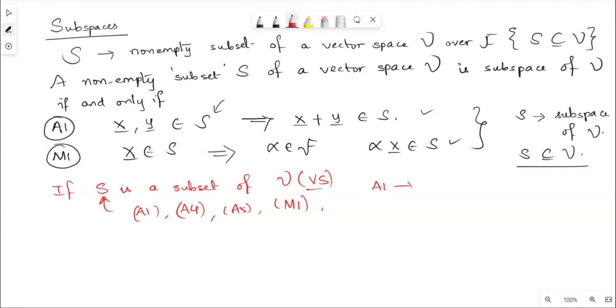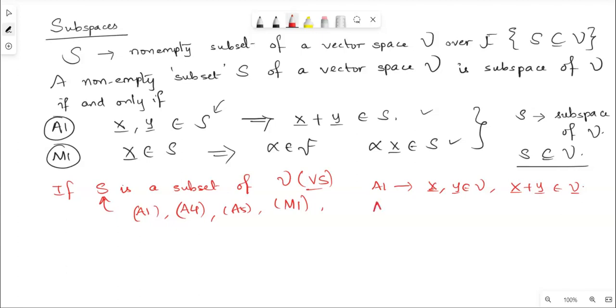A1 we checked: for x, y belonging to set V, the vector addition should also lie within the set V. Then only we can say that V is a vector space. It is one of the key criteria for a set V to be a vector space.